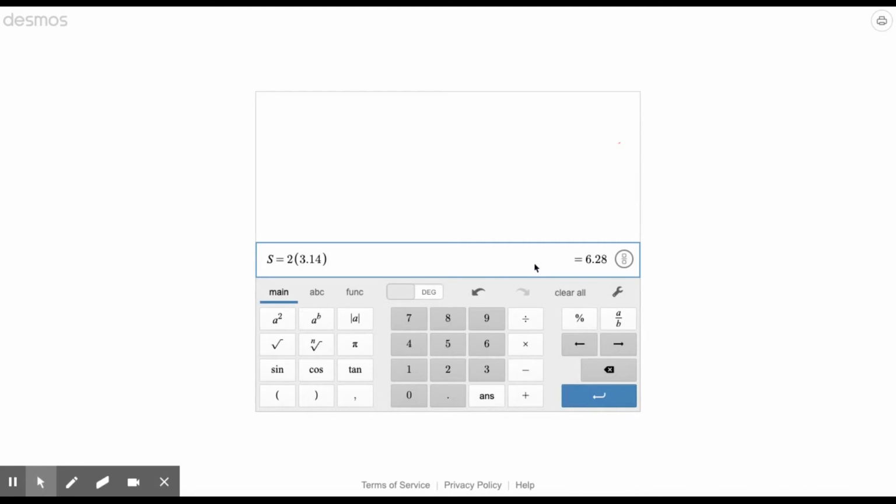So I have 2 times pi times my radius times my height. And you don't have to put that dot in the middle there. You can just have radius times height plus 2 times that pi again, 3.14 times our radius squared.